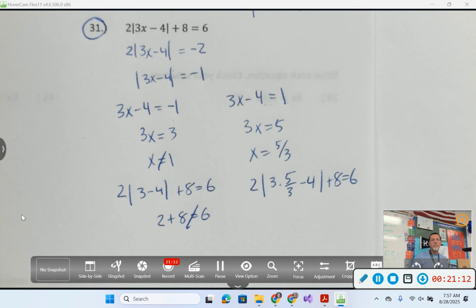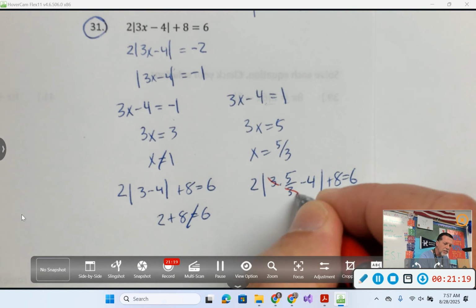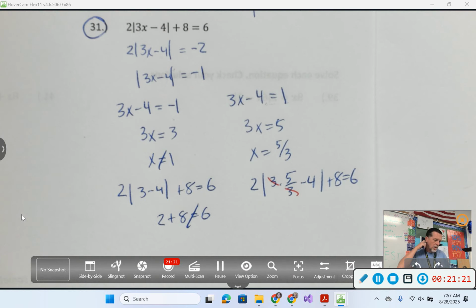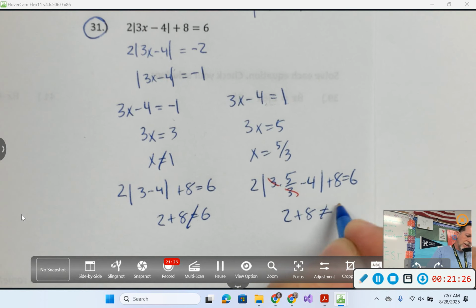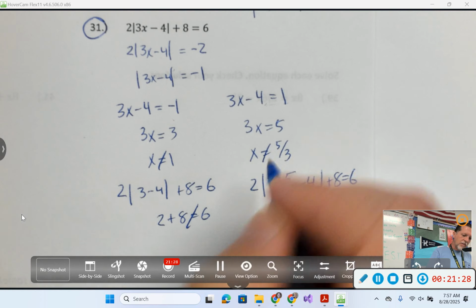What's 3 times 5/3? What's even a better name than 15/3? 5, because the 3's canceled. So 5 minus 4 is 1. 2 plus 8 does not equal 6. So 5/3 is out.